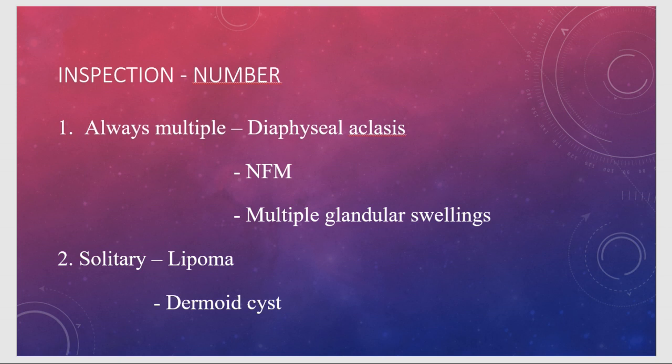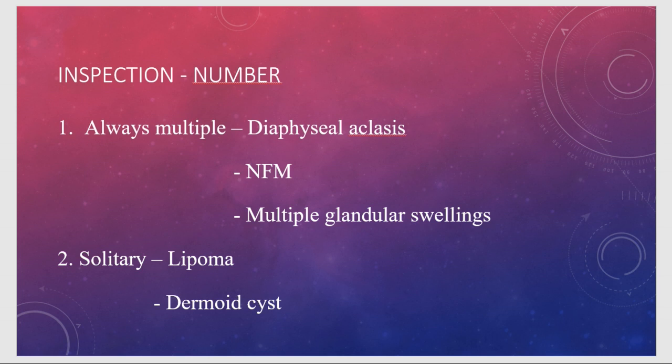For example, diaphyseal achalasis, neurofibromatosis (NFM), multiple glandular swellings, the multiple lymph nodes like Hodgkin's lymphoma or non-Hodgkin's lymphoma. So these swellings are usually multiple. Always means usually, most of the time.